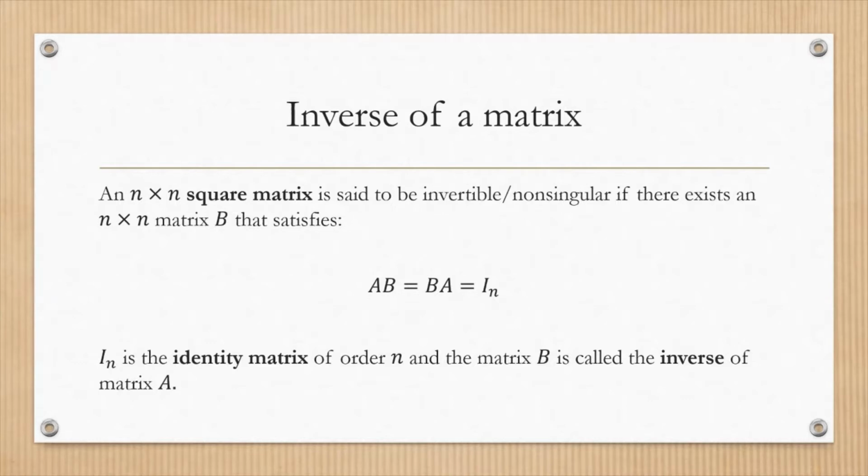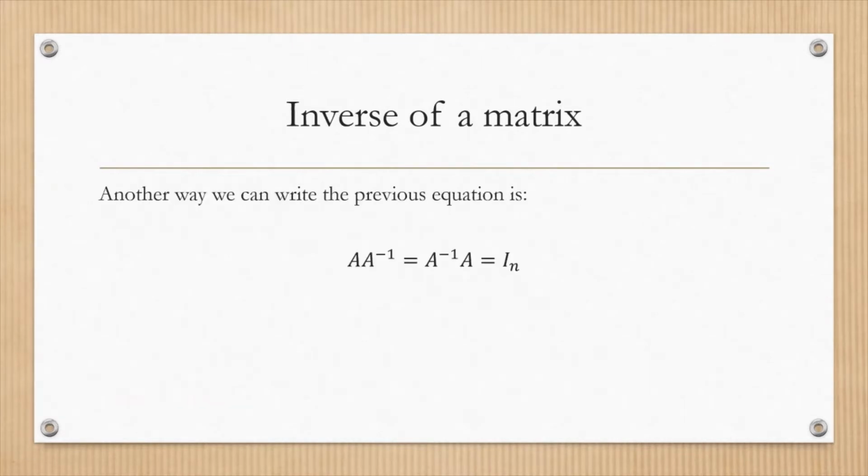The matrix A multiplied with the matrix B is equal to the matrix B multiplied with A, and is also equal to the identity matrix I_n. In this equation, the matrix B is called the inverse of the matrix A.